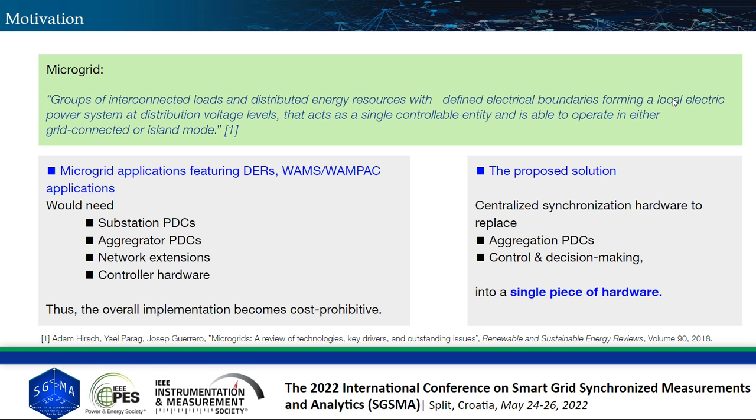In order to talk about DERs, we first need to define microgrid. On screen we have the official definition of microgrid, which is essentially a group of interconnected loads and DERs with well-defined electrical boundaries forming a local electric power system at distribution voltage level, and they can operate in two modes, in grid connected mode or in islanded mode.